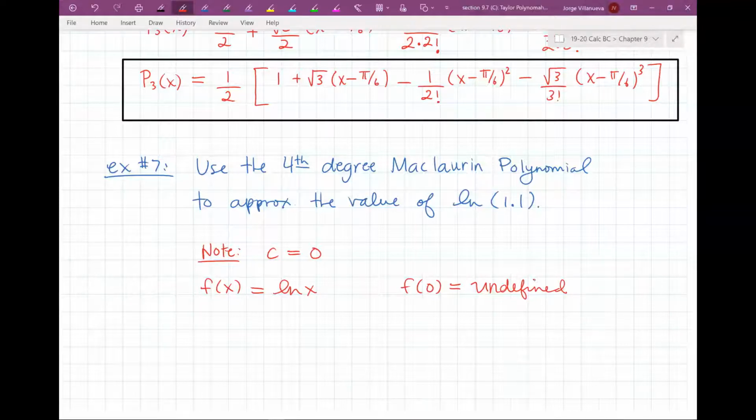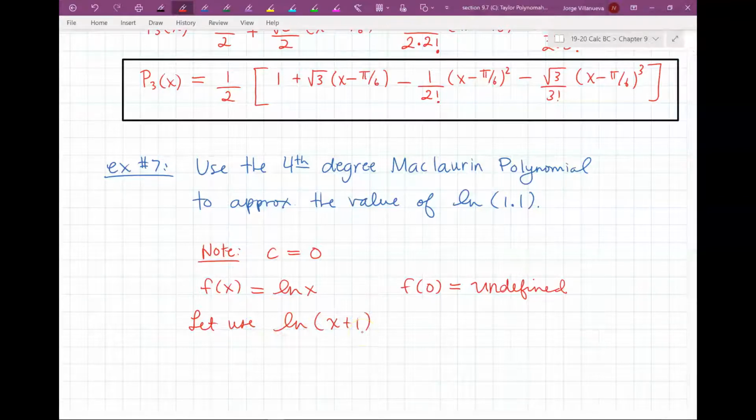So this is what you do whenever this happens. If you're going to have to use the 0, but you can't plug it in because ln of x doesn't work, then just think of another function just like it that's part of its family. So in other words, let's use ln of x plus 1.